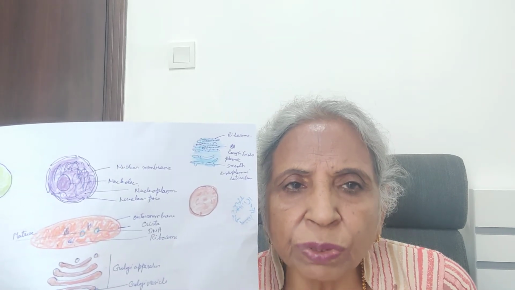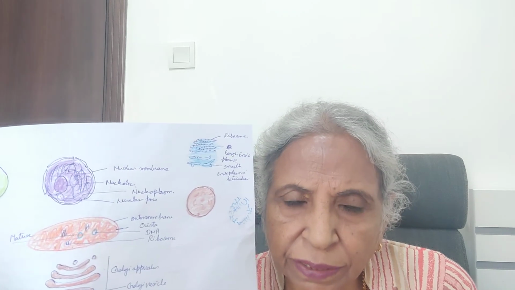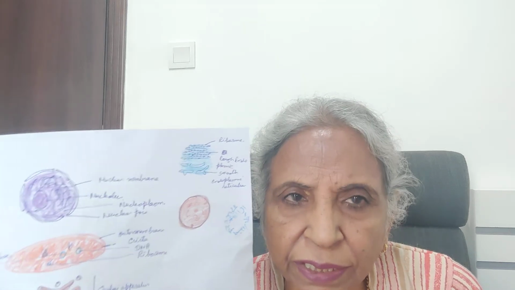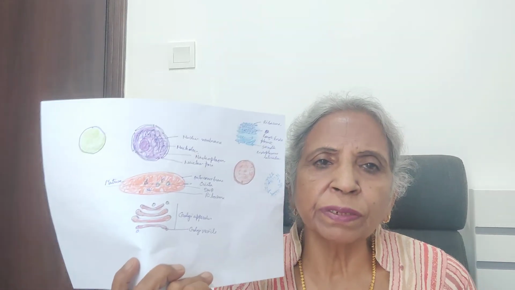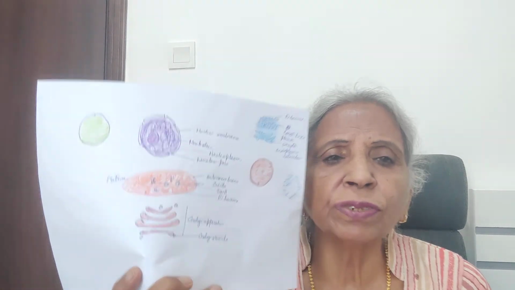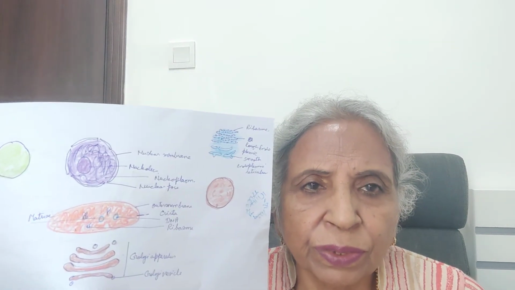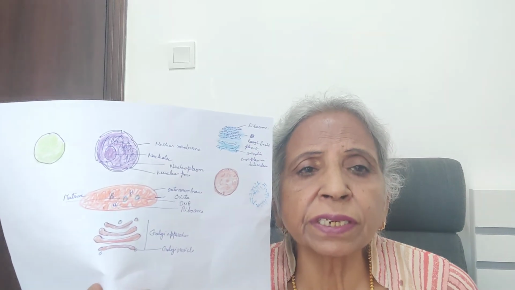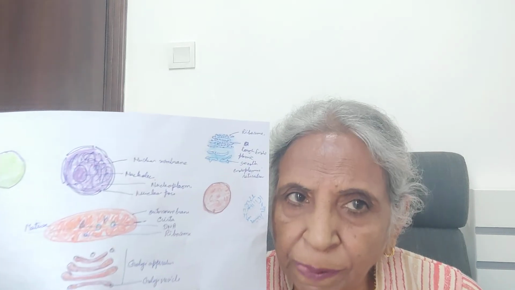DNA, deoxyribonucleic acid, is associated with the protein. A segment of the DNA associated with protein forms the gene. So they transmit the genetic characters of the parents to the offspring.